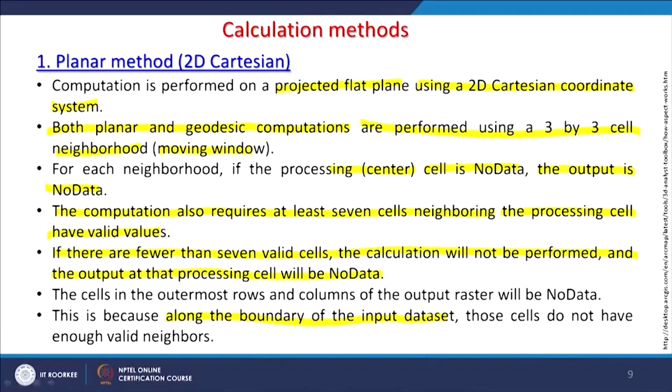This is also along the boundary, as those cells do not have enough valid neighbors. Because this is a neighborhood operation, a 3 by 3 kernel moves all around, but in the corners or in the border area it cannot be done, because you do not get the required number of neighbors, and therefore calculation cannot be done. This condition is true both in the case of slope calculations as well as in aspect calculation.